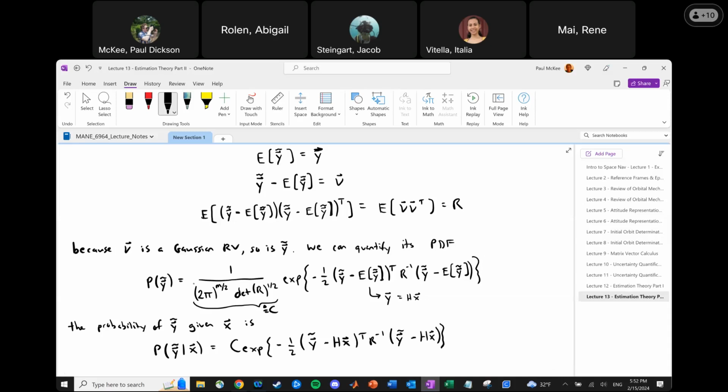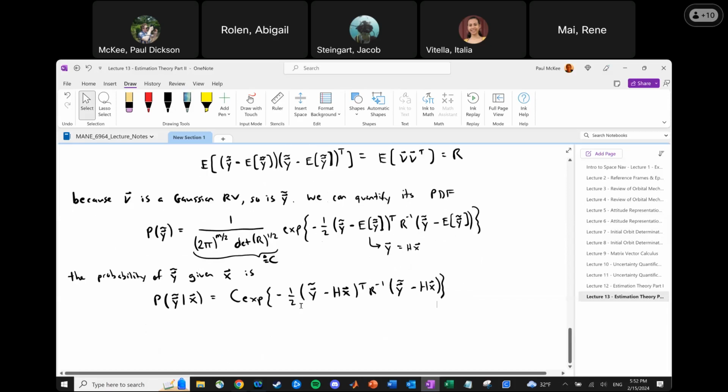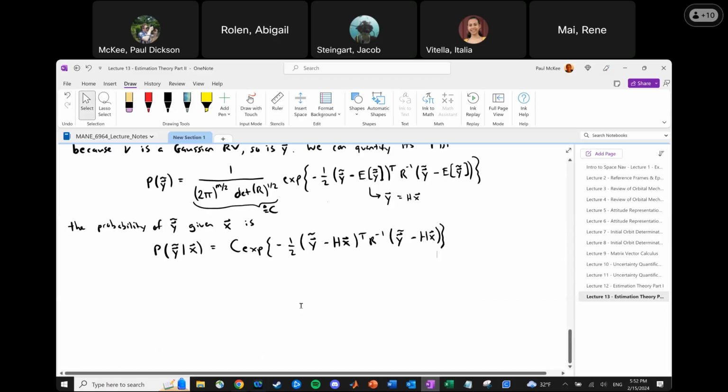Now, the reason that we take the time to write this out is we want to find a value of x that maximizes this probability. So we're trying to maximize the likelihood that our estimated state caused the given measurement. So I'm going to write that out.